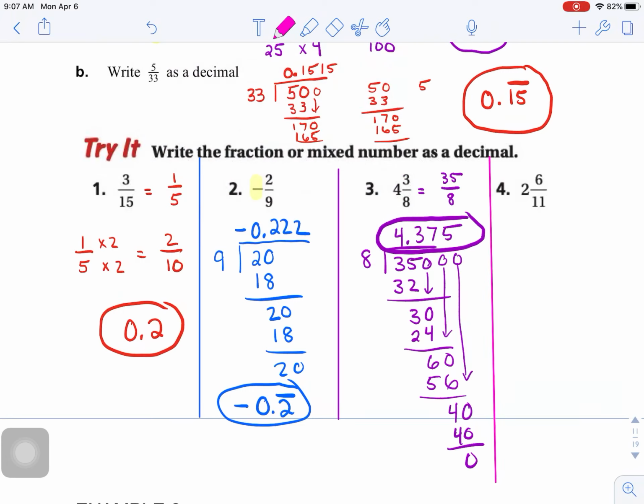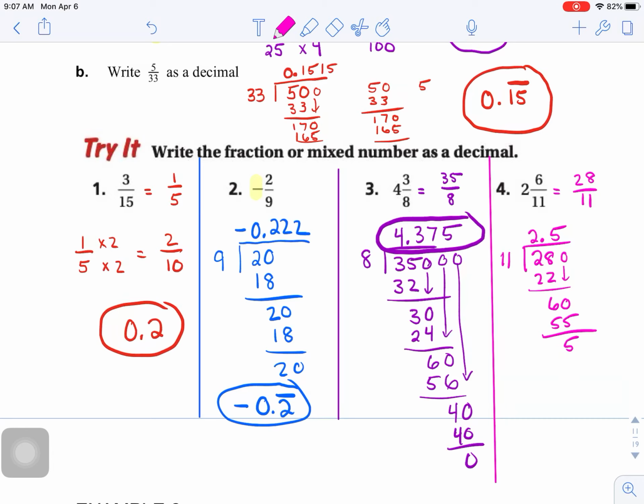Okay, last one. Again, this doesn't divide evenly. I'm going to make it improper. That would become 28 over 11. So 28 goes on the inside, 11 goes on the outside. We do our long division. 11 goes into 28 twice. Subtract, add our 0 and our decimal point. 11 goes into 60 5 times.